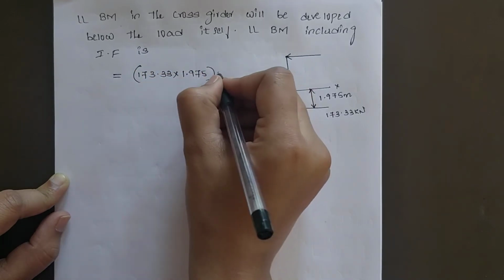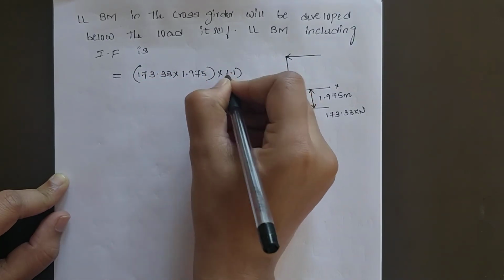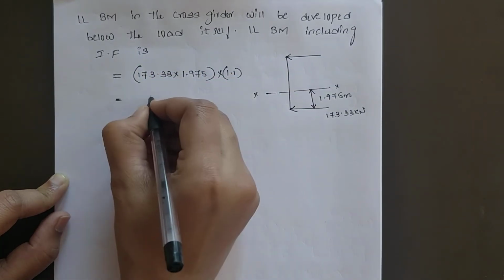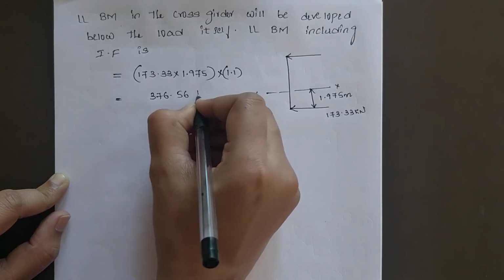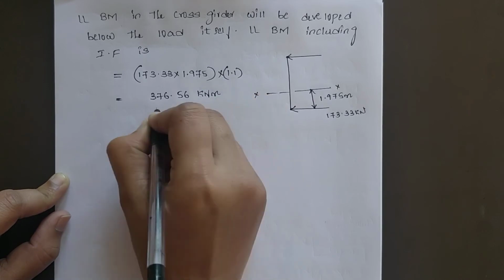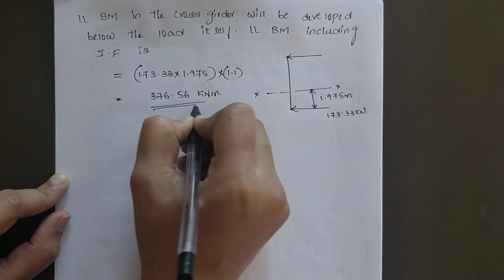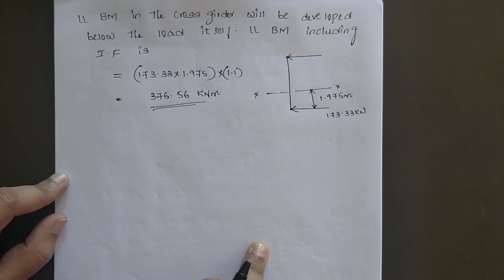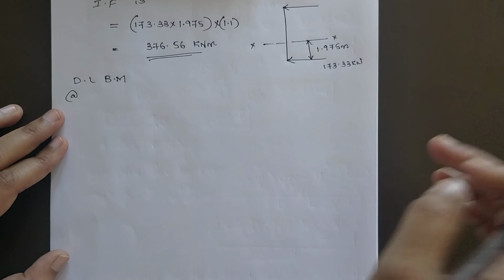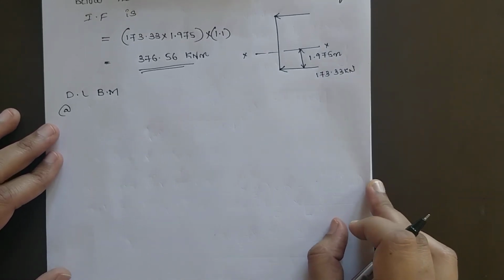It should be multiplied by impact factor 1.1. Then you will get 376.56 kilonewton meter. This is your live load bending moment in the cross girder including impact factor. Next you need to calculate dead load bending moment.